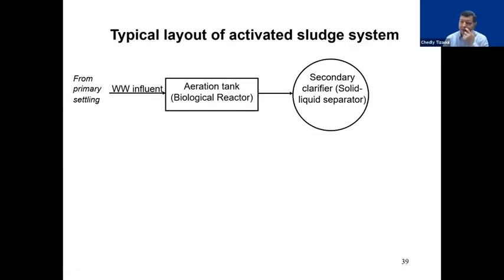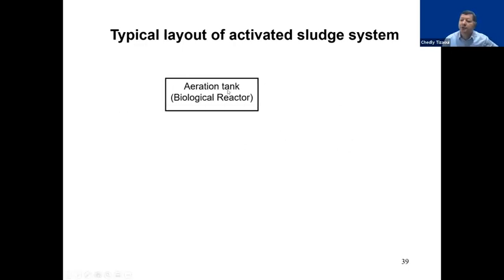Briefly, the activated sludge, what does it involve? You have a biological reactor, also called an aeration tank, where you have an influent flow of wastewater coming into the biological reactor. Usually that influent comes from primary settling. So you have the primary settling, and after it, you have the biological reactor.